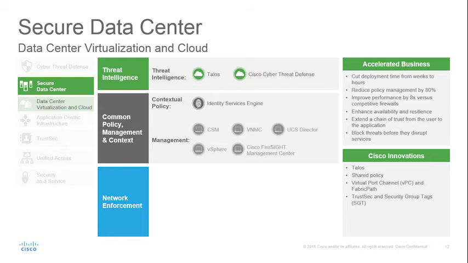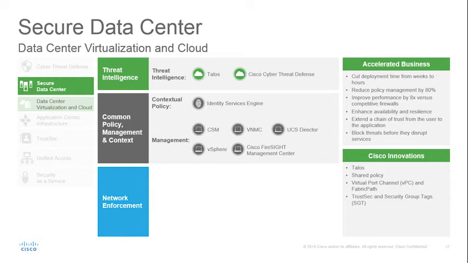The Cisco Security Manager, or CSM, offers comprehensive security management across a wide range of Cisco security appliances and allows you to efficiently manage networks of all sizes, from small networks to large networks consisting of hundreds of devices.